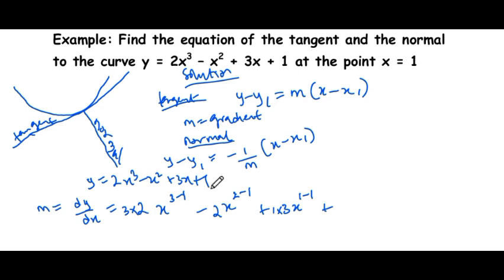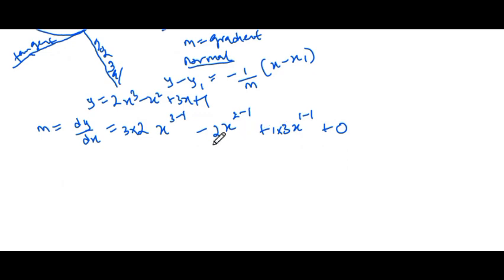When you differentiate a constant, you get 0. So this becomes 3 times 2 is 6x raised power 3 minus 1 is 2, minus 2x raised power 2 minus 1 is 1, plus 1 times 3 is 3, x raised power 1 minus 1 is 0, x raised power 0 is 1, 1 times 3 is 3. So this is our dy dx.